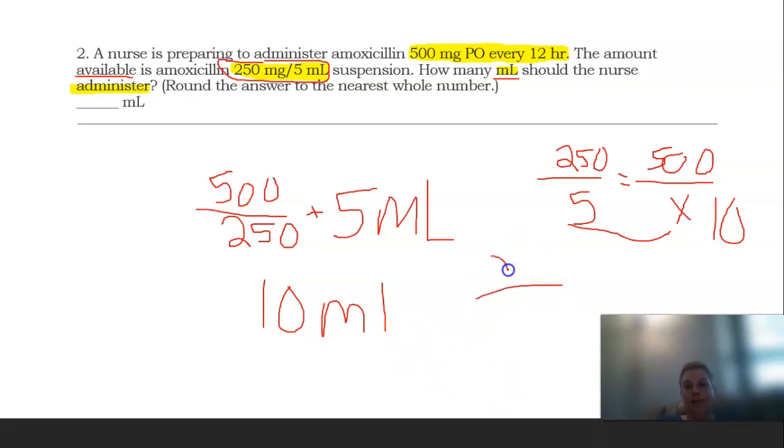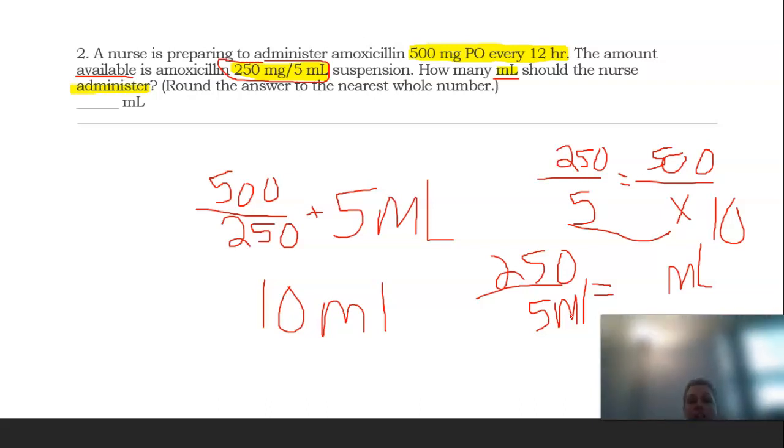One more way I could think about that. How do I double check myself, right? So if I know that there's 250 in every 5 milliliters, can't I also ask myself, then what's in 1? Because if I know my lowest common denominator here, if I understand what's in 5 mils, there's got to be a direct proportion ratio here that I would understand that 5 times 50 equals 250.